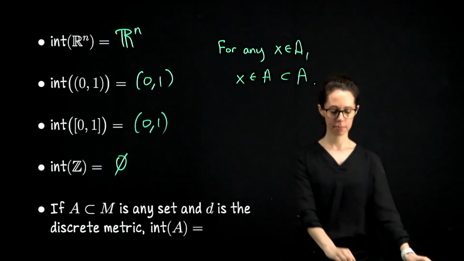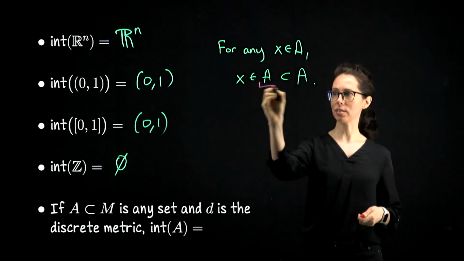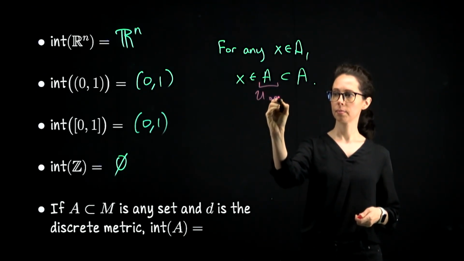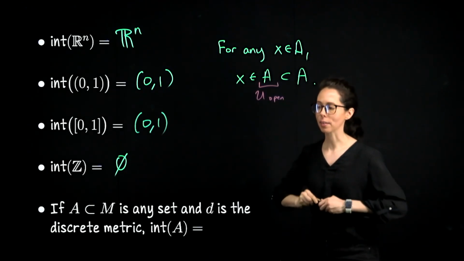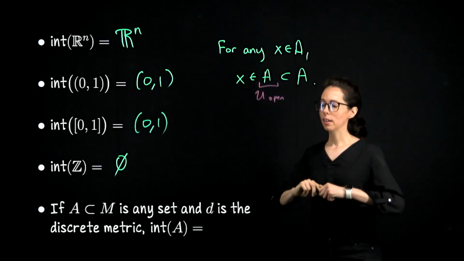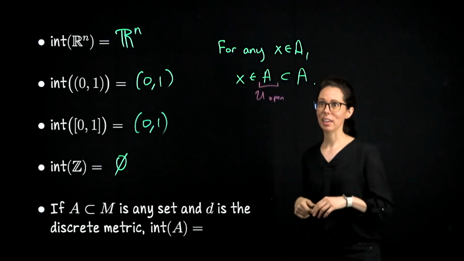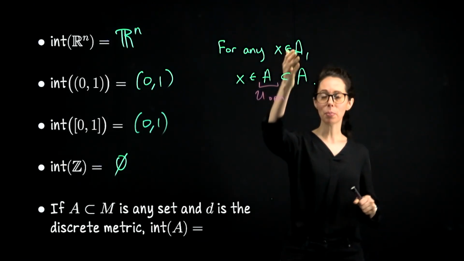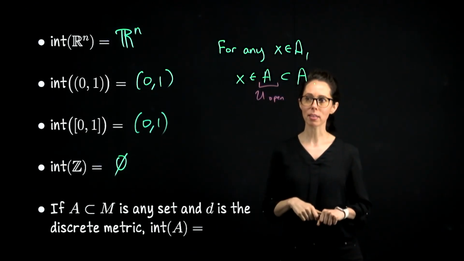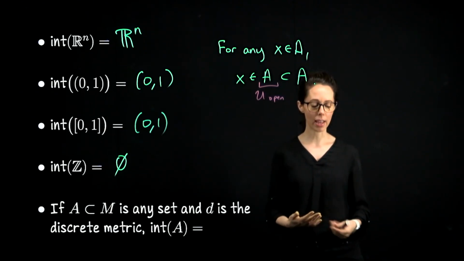So here, this first copy of A is U, and then A here is the set we're testing. So we're done. If x is a member of a set in a discrete metric space, it's a member of the interior of that set.